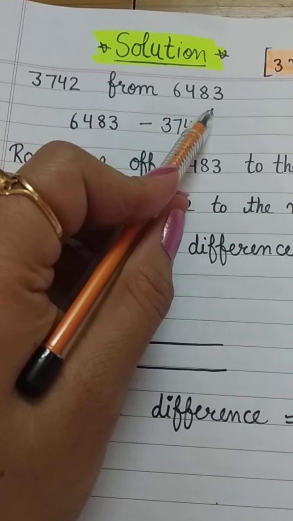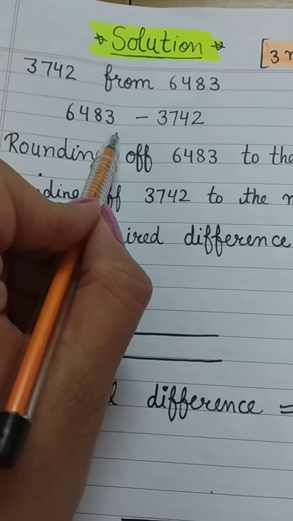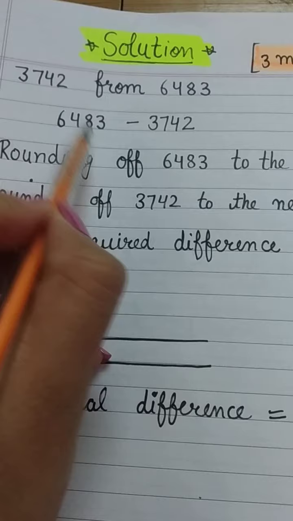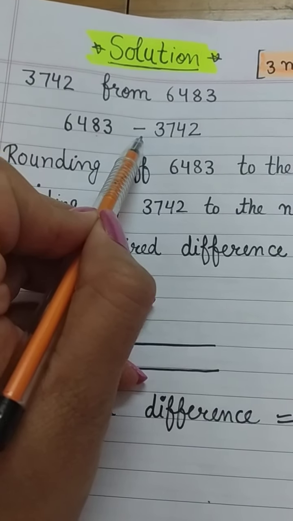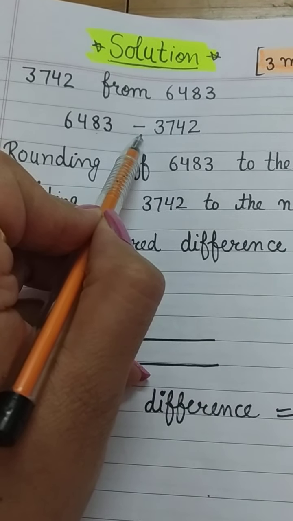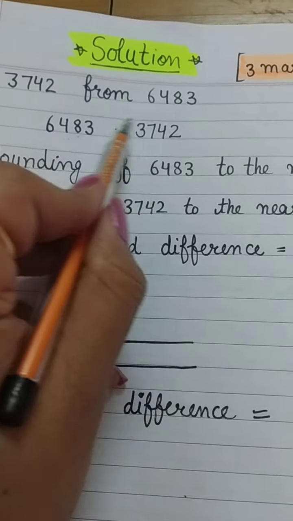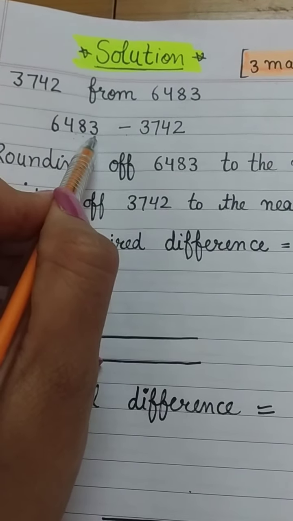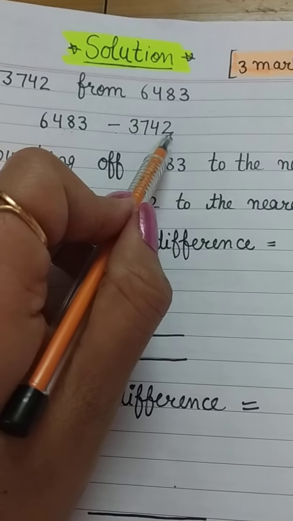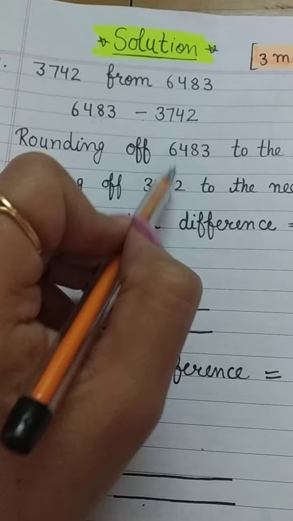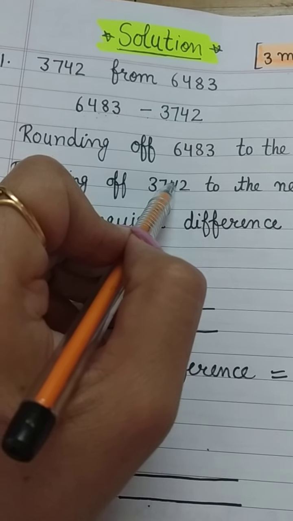The number which is greater comes first and the smaller comes at the back for subtraction. So we write in equation form: 6483 minus 3742.